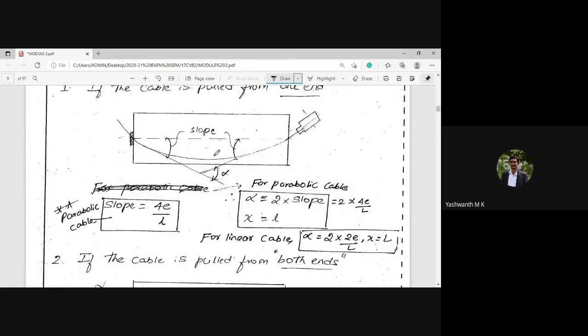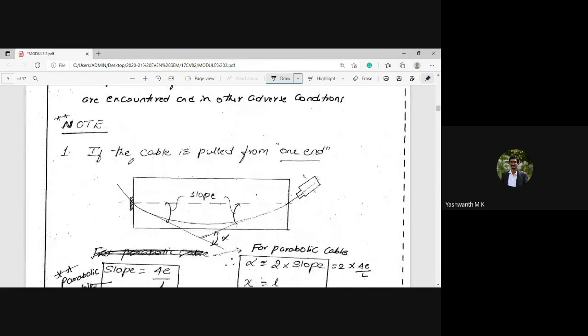Okay, the very important thing, which you will come across while analyzing the problem or calculating the loss of prestress.